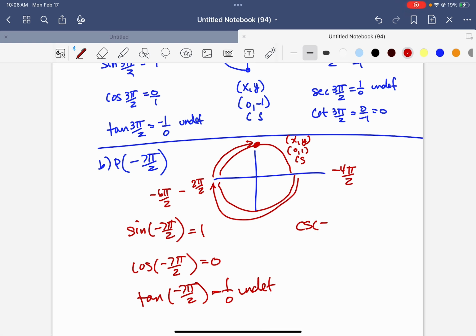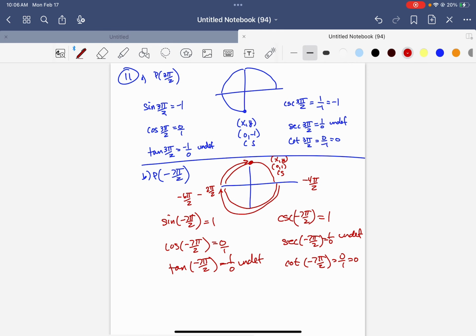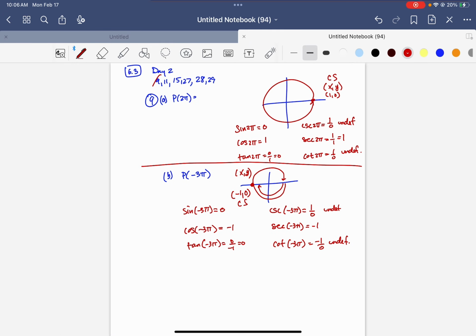And then that means that cosecant is going to be 1. The secant is going to end up being 1 over 0, which is undefined. It makes no sense. And then cotangent is 0 over 1, which is 0. Okay, so that's 9 and 11.